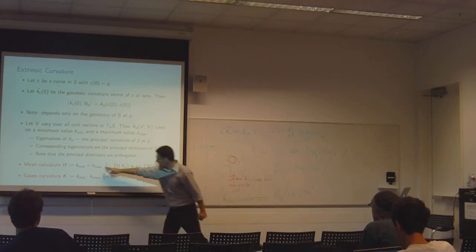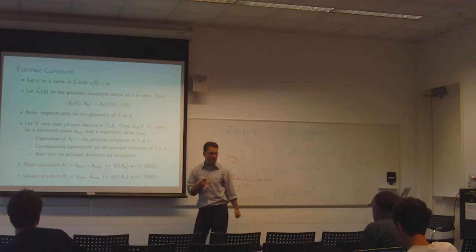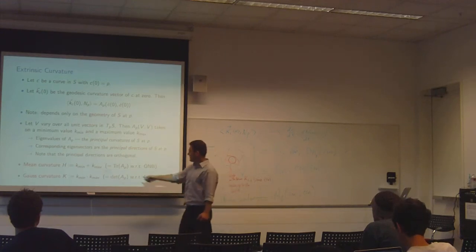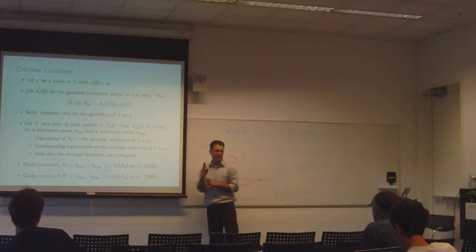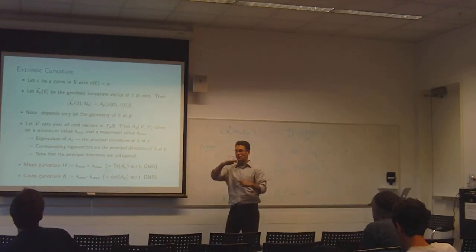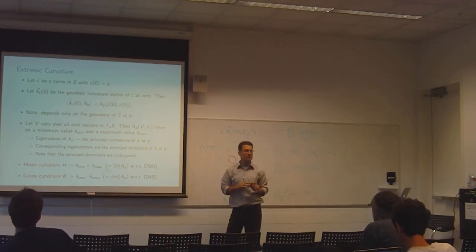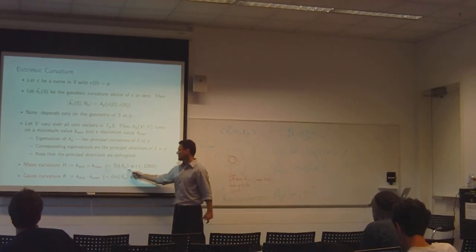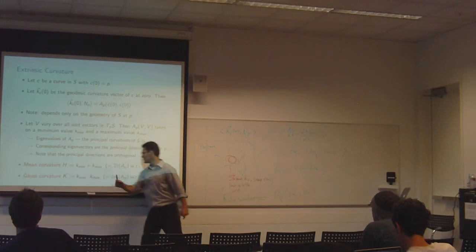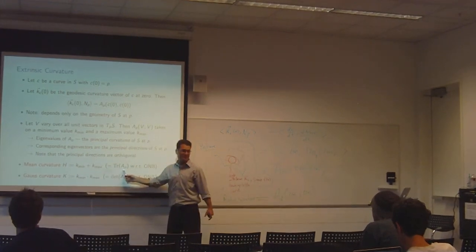But in the case of these particular numbers, that's not true. Those are special numbers. Remember that the trace of a matrix is invariant under choice of basis, and so is the determinant of the matrix. So what that really means is you don't have to diagonalize the second fundamental form to get your hands on mean curvature. You just take its trace.